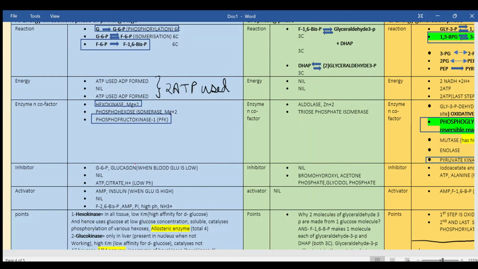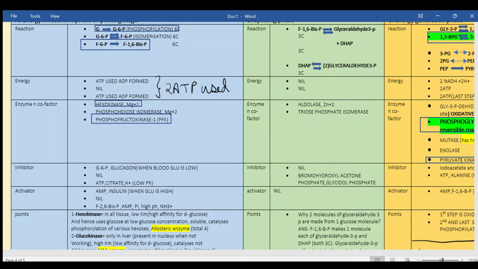Because glycolysis happens when glucose is in excess, when glucose concentration is high in your blood. When blood glucose level is high, at that moment glycolysis will operate, because excess glucose should be broken down into smaller organic compounds like pyruvic acid, acetyl coenzyme A, and many more intermediate products.